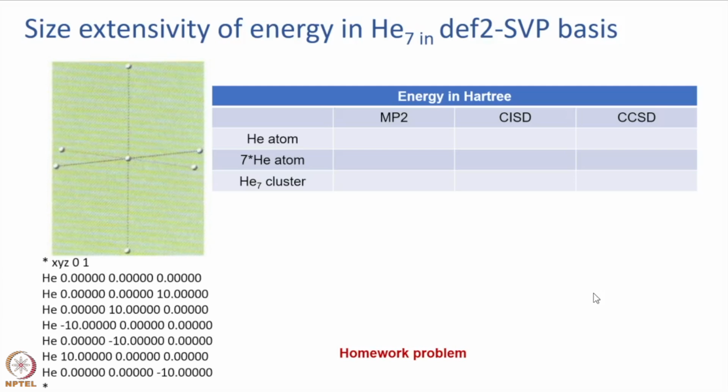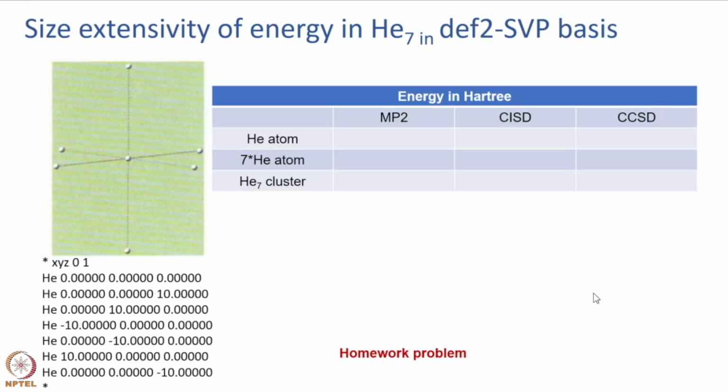If I have this helium 7 cluster, and I multiply the energy of the one atom by 7, and compare it to actually calculating the energy of the cluster at the MP2 level, I have seen that multiplying by 7 or actually calculating gives the same energy, whereas in the case of CISD it was not true. So there was a size extensivity error. In the case of CCSD, it will be a homework problem to see if the coupled cluster energy for the He7 cluster is the same as multiplying the energy of the one atom by 7.